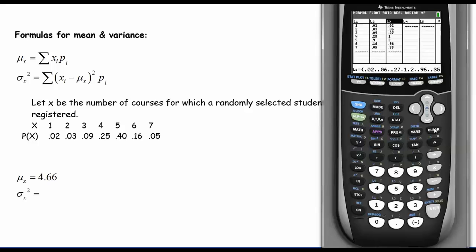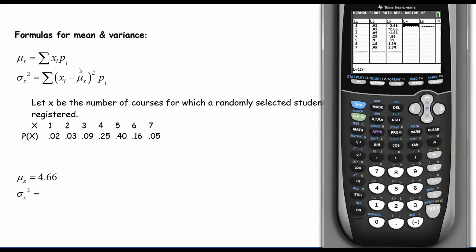Actually, I don't need list 3 anymore. What I need is a list of the observation minus the mean. So I need list 1 minus that mean that we just found, which was A. So list 1 minus A, and then hit enter.